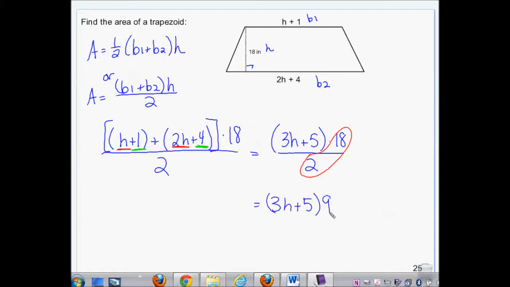Times 9. Now I'm going to multiply in. 27h plus 45. So the area of this trapezoid is 27h plus 45. We have no idea what h is, so we're done.